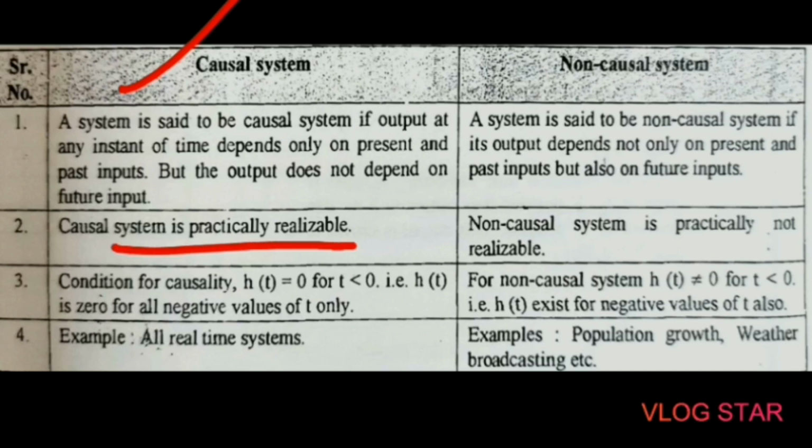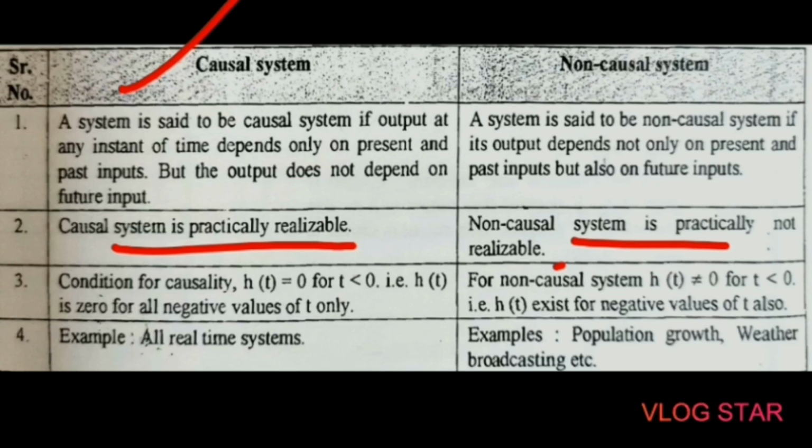The next point: a causal system is practically realizable, but a non-causal system is not practically realizable. Why? Because a causal system depends on past input values also, which means it has memory, and hence it is practically realizable.